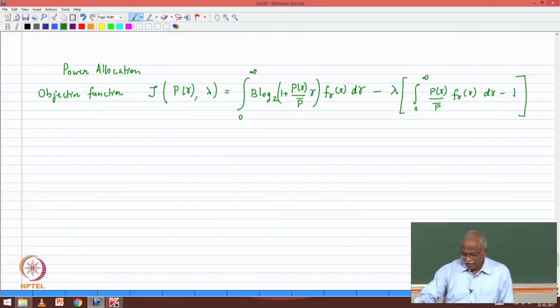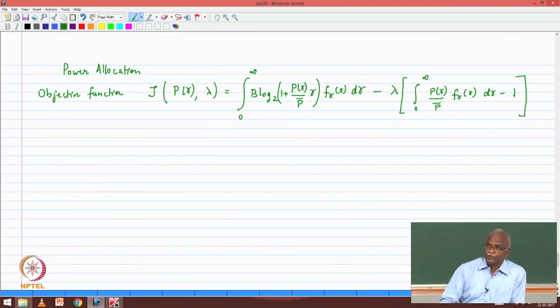Okay, or if you write it as P of gamma f gamma of gamma d gamma, it will be minus P bar. Okay, so basically this is the objective function. This is what we need to work with, and basically we want to find out that optimum power allocation that will give me the desired result.